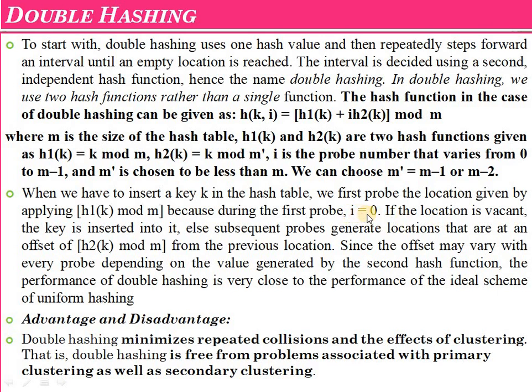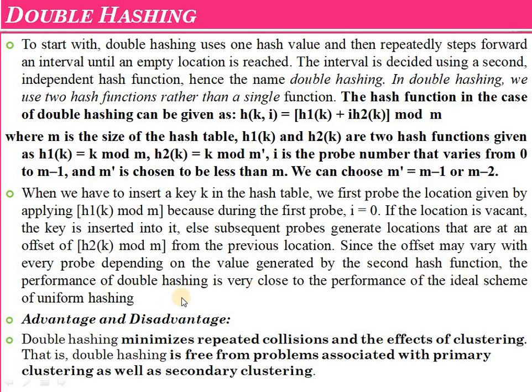Otherwise, subsequent probes generate locations that are at an offset of h2(k) mod m from the previous location, since the offset may vary with every probe depending on the value generated by the second hash function.